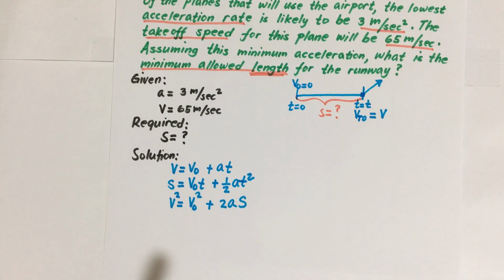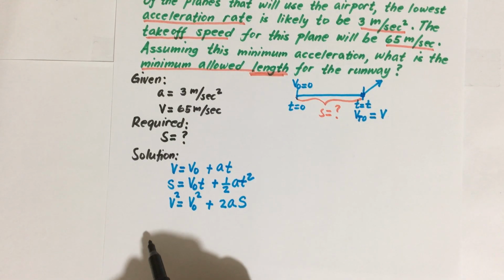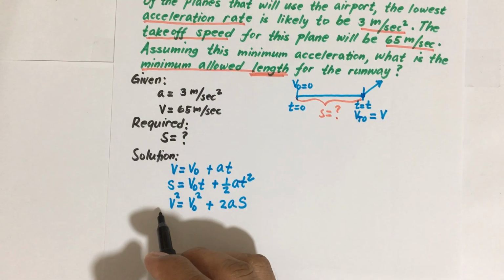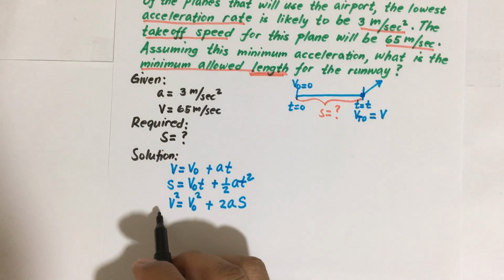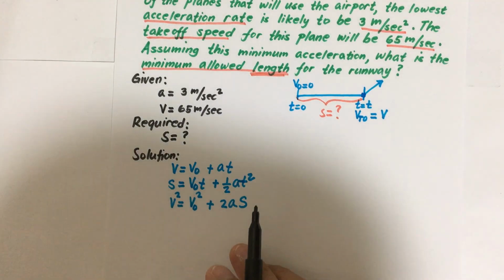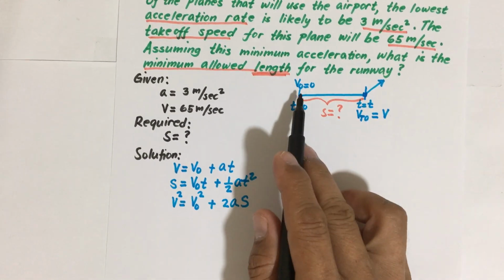Alright, so using this formula, as mentioned, at t equal to 0, our initial velocity is equal to 0.